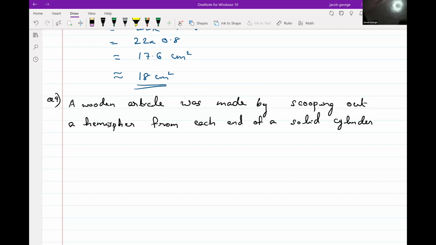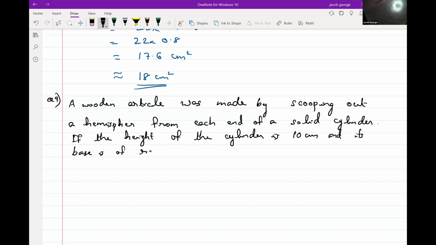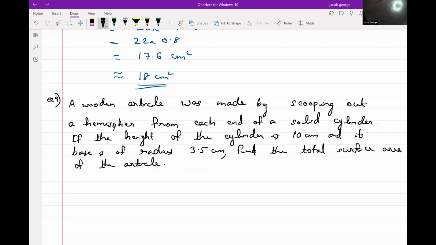If the height of the cylinder is 10 centimeters and its base is of radius 3.5 centimeters, find the total surface area of the article.